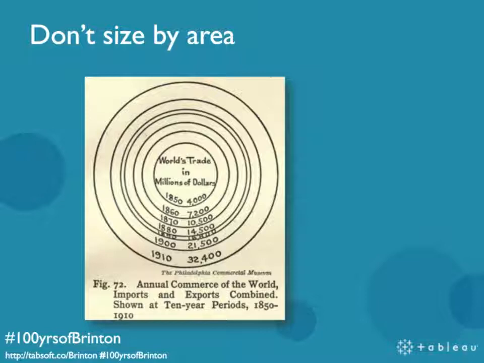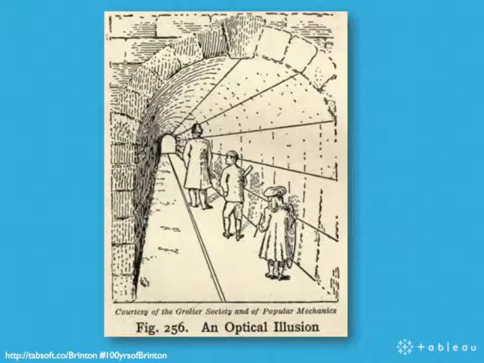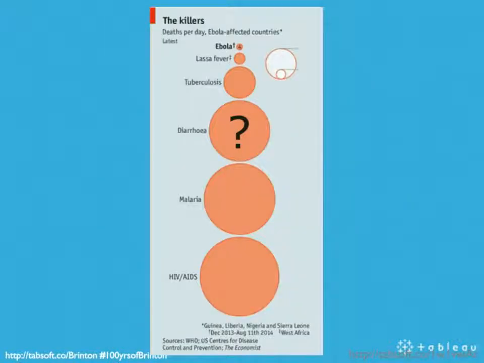And he was making the point, often made in textbooks today, that area is a really bad way of visualizing data. Not that it's bad per se, it's just that we actually aren't very good at perceiving the relative changes between areas.